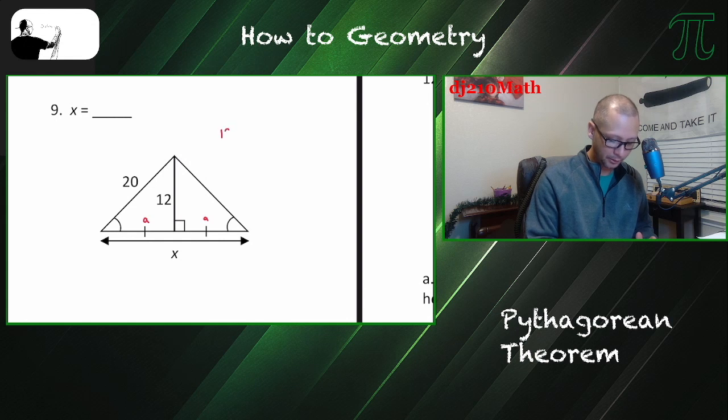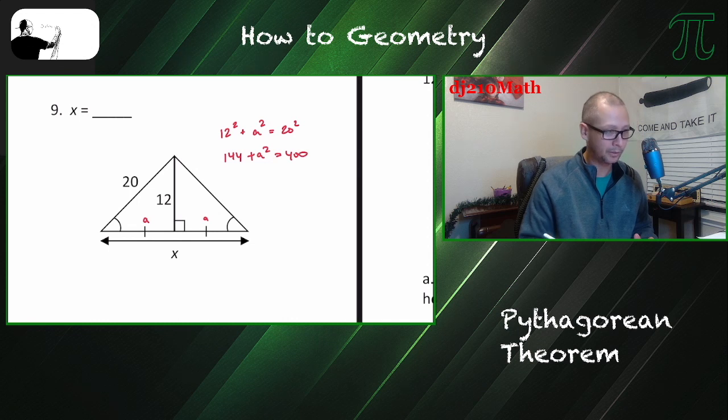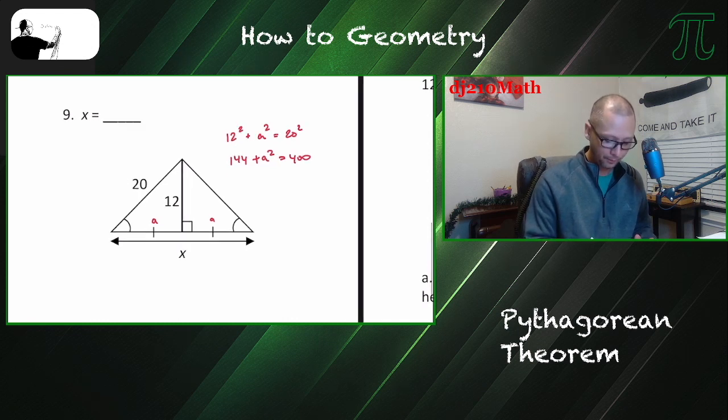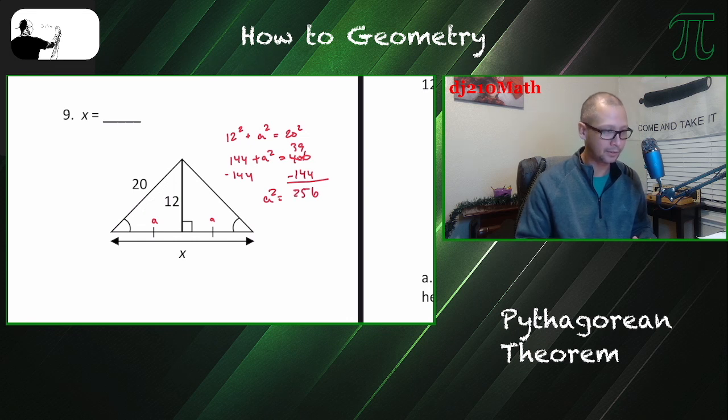So this is going to be 12 squared plus a squared is equal to 20 squared. So 144 plus a squared is equal to 400, right? 20 times 20 is 400. Minus 144 on both sides, a squared is equal to 256.